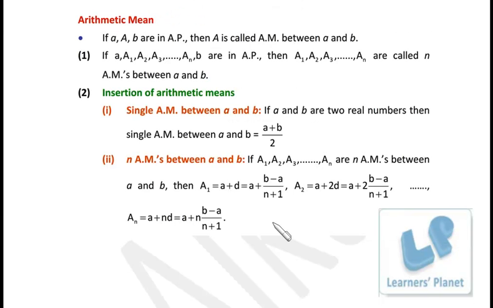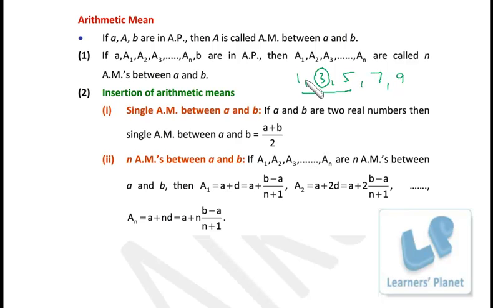Now let's see what is arithmetic mean. Here, if the 3 terms A, capital A and B are in AP, then A is called the arithmetic mean between A and B. I take an example over here. Suppose we have the terms 1, 3, 5 and maybe more terms 7, 9. Then suppose we take these 3 terms, then 3 will be the arithmetic mean between 1 and 5, right?